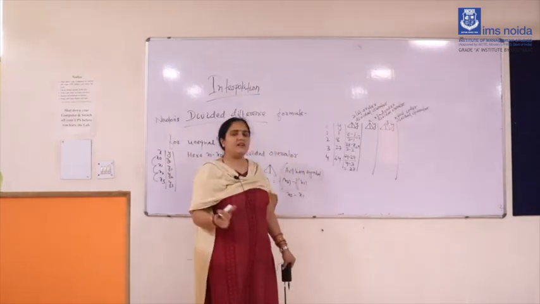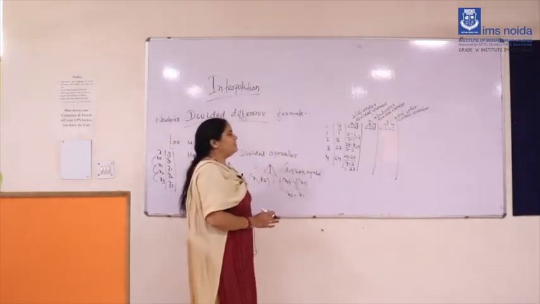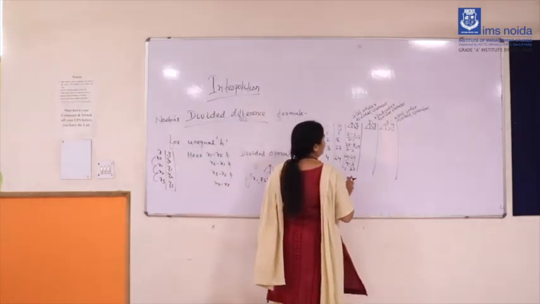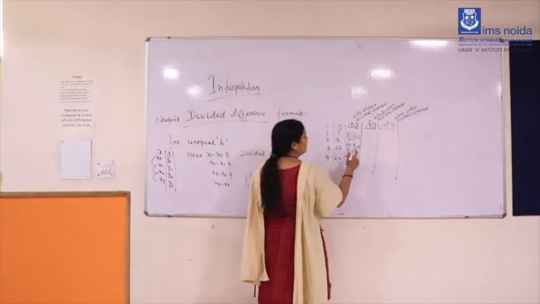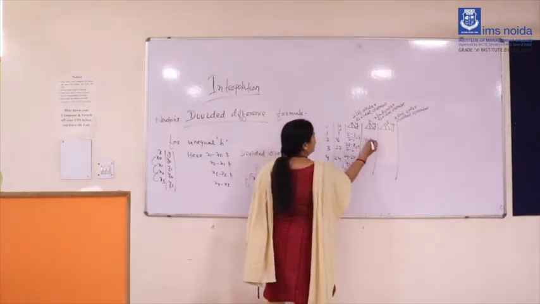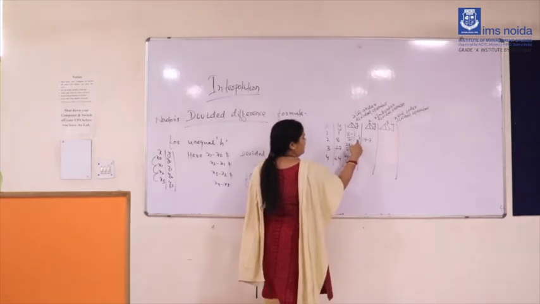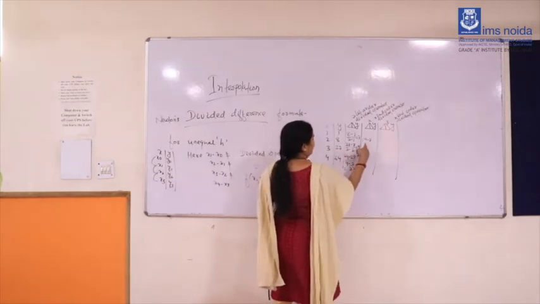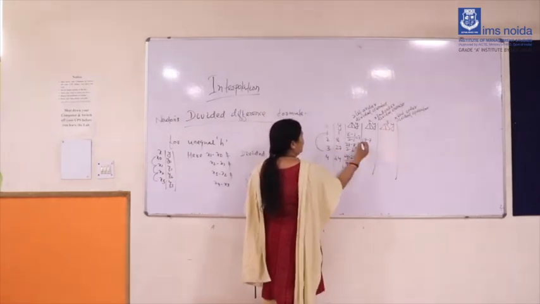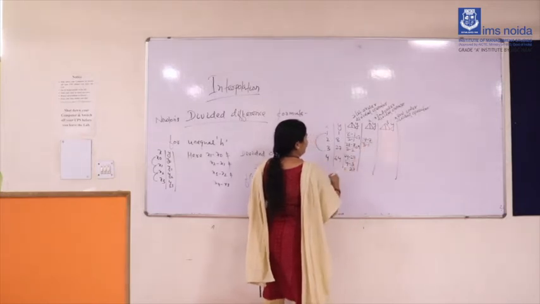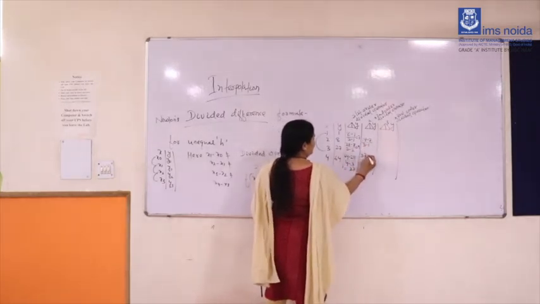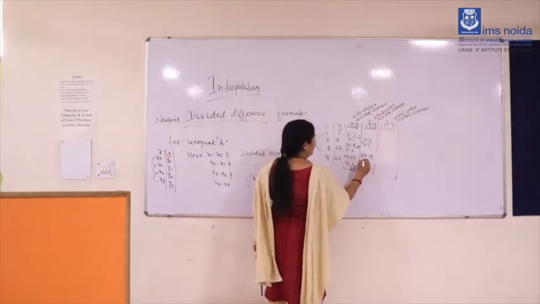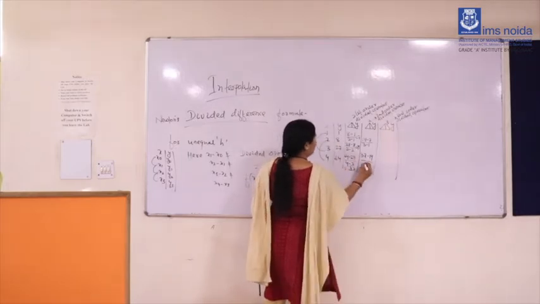Then we move to Aitken square, the second order divided operator. How do you calculate it? Using the first order values 7, 19 and 37: 19 minus 7 divided by 3 minus 1, and then 37 minus 19 divided by 4 minus 2.